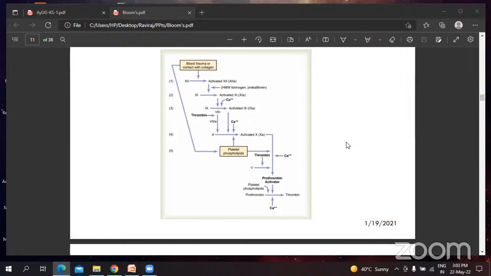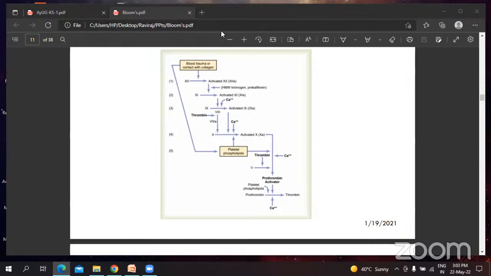So the picture is given, blood clotting is there. So this pathway is intrinsic pathway of coagulation, clotting, or extrinsic pathway. There are two pathways, no? Everybody knows. So which is this pathway?